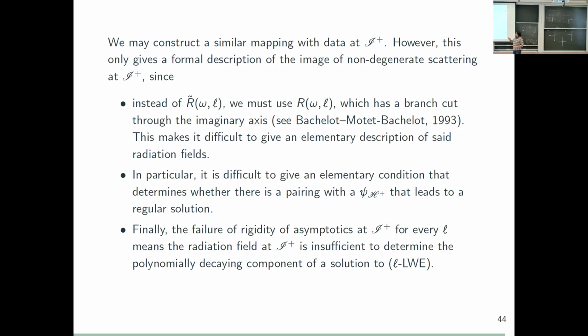If I want to do the same thing, but with radiation fields based at Scri plus, then I can in principle. But there are several problems. The first of which is that this procedure does not really allow us to identify a candidate at Scri plus, which is distinguished in a way that allows us to prescribe this ambiguity that results from only identifying the radiation field at H plus.